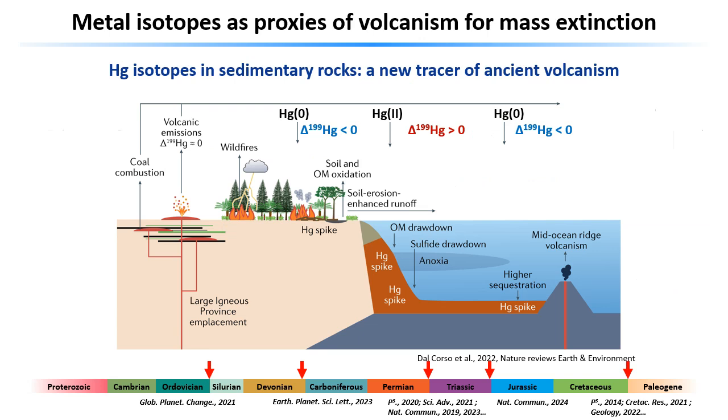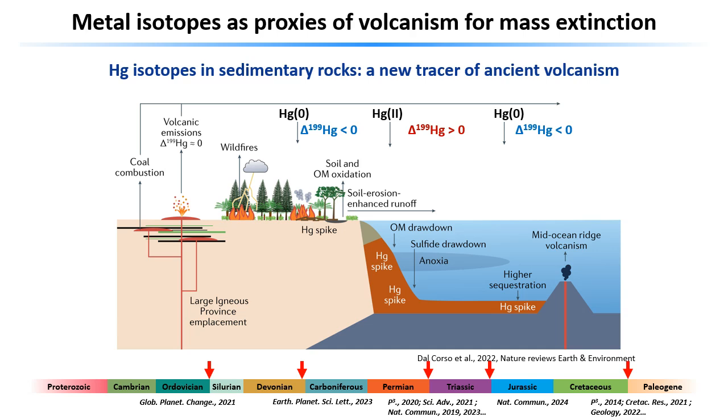The third case is metal isotopes as a hypothesis of volcanism for mass extinction. Here, I give you an example of mercury isotopes again. We know mercury isotopes can be used to trace, for example, organic and non-organic sources, and also local emission and remote emission. This is because volcanic emission generally has no mass-independent fractionation.